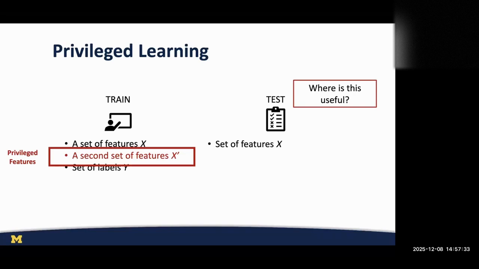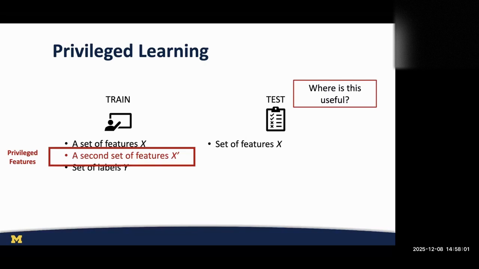The privileged features function as the teacher, and they are designed at training time to teach the model, who is the student, to better understand the relationships between features X and labels Y. At test time, the teacher is no longer available, and the model is supposed to have learned the associations better by test time.